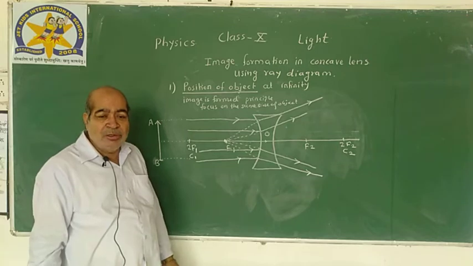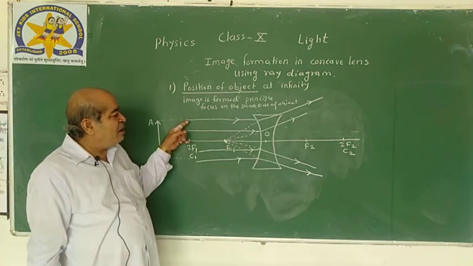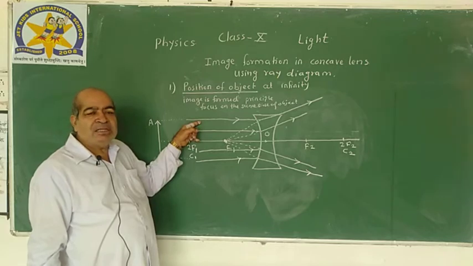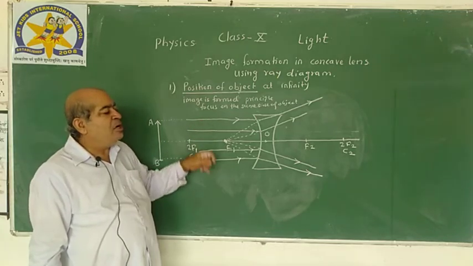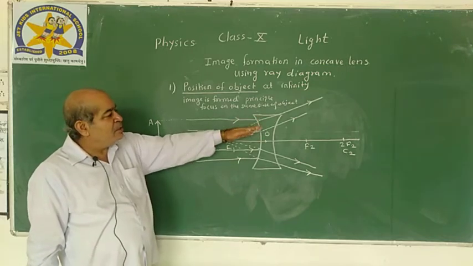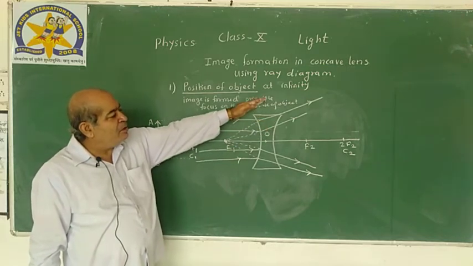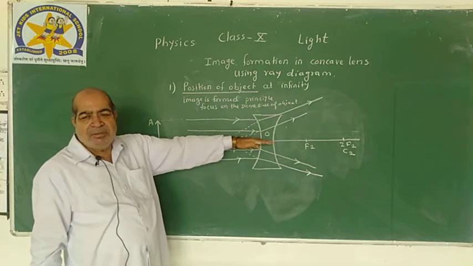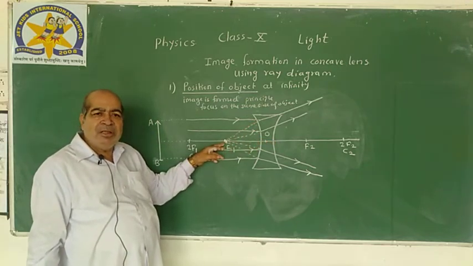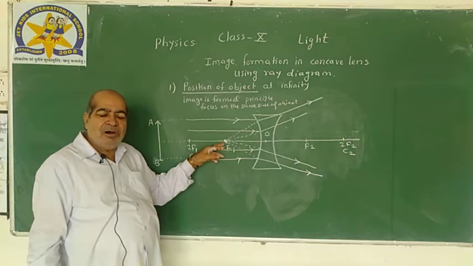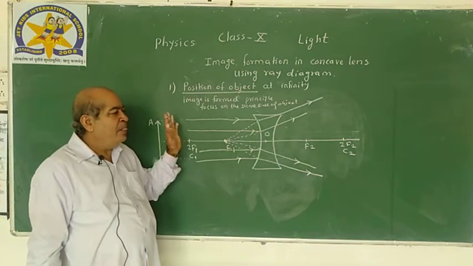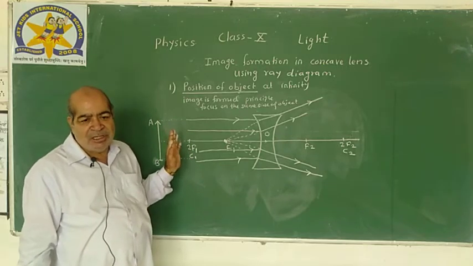The rule used is: when a ray of light parallel to the principal axis is incident on the concave lens, after refraction the ray diverges from the principal axis and appears to come from the principal focus on the same side of the object. So this rule is used in this case.